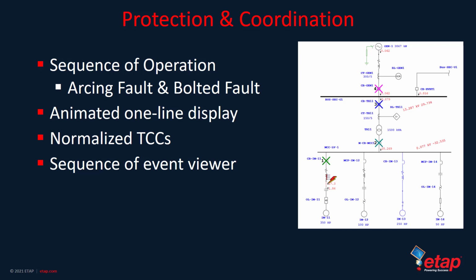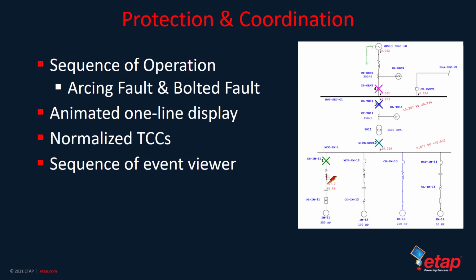Okay, now moving on, the next analysis type is protection and coordination. There is the ability to do a sequence of operation for arcing faults as well as bolted faults. You can see from the animated one-line display that you can specify a location where to place a fault, whether it is a single line to ground, a line to line, or a three-phase bolted fault.